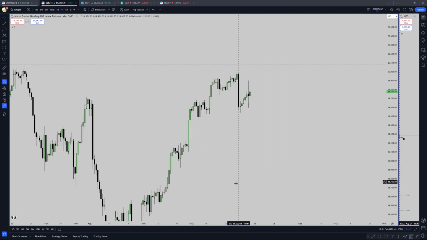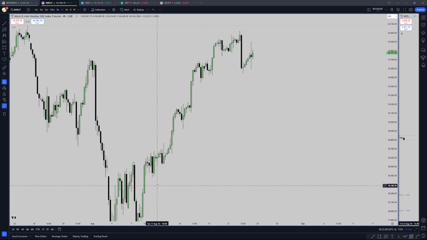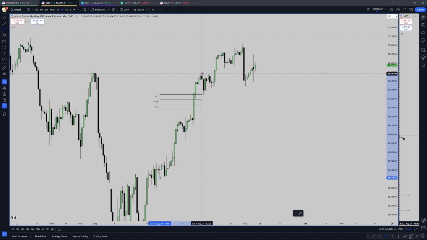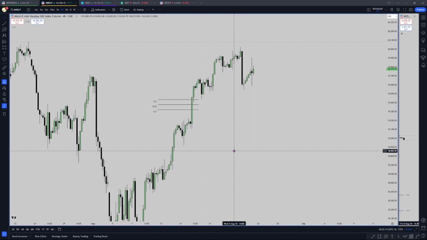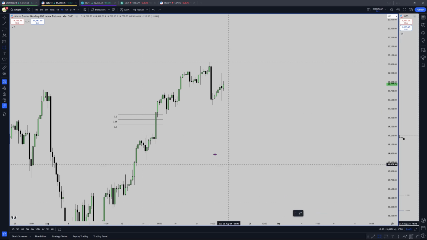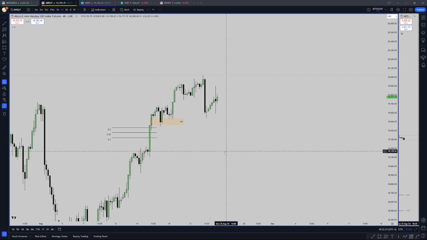We go on the 4-hour. Right here. So you take your fib. Thursday is right here. Yeah. So you guys can see around this 30 or 20%, what do we have here? Fair value gap. And what does price do?